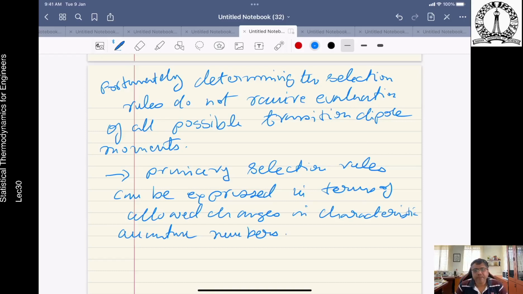We already have seen, for example, in the book, Table 6.9 lists all the selection rules that can be derived.